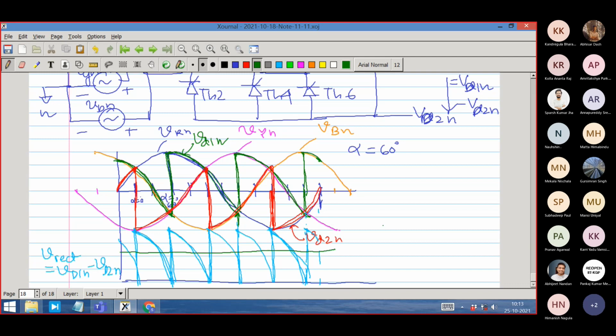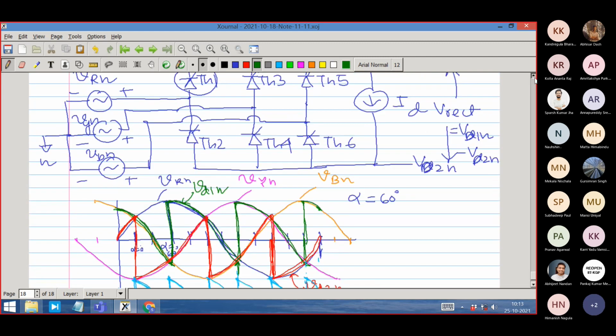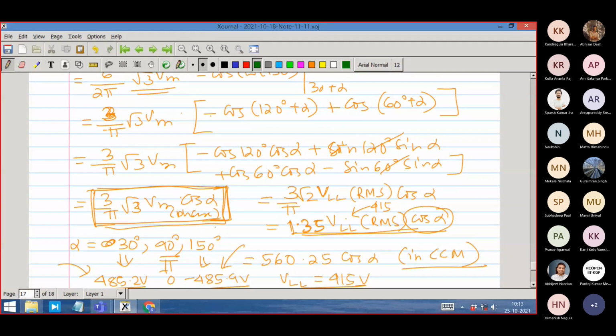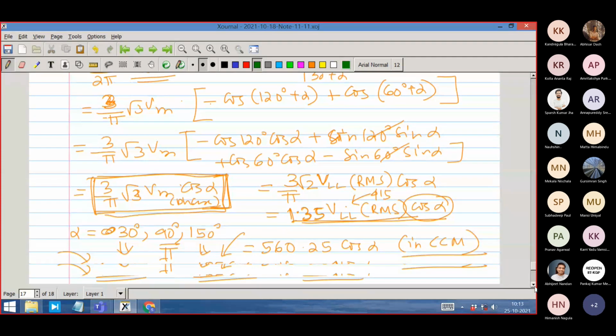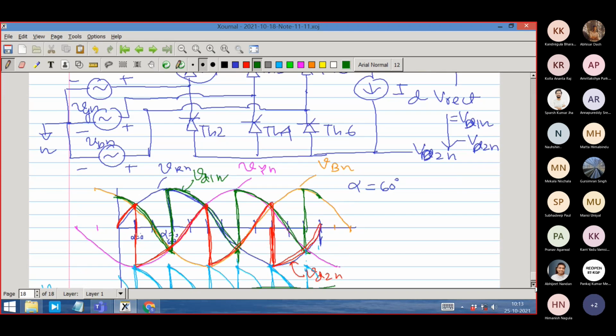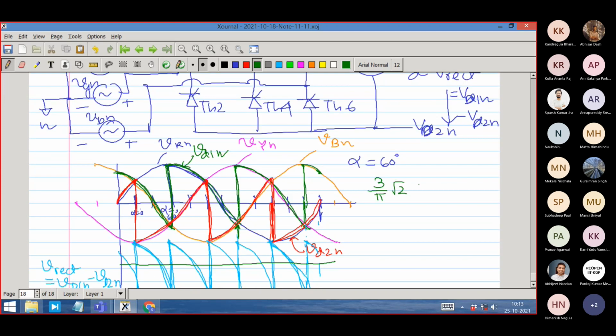and the average value will be given by the formula that we derived in the last class. The last class formula was here. This is the formula: 3 by pi root 2 V line to line RMS value into cos alpha, that is equal to the V rect.